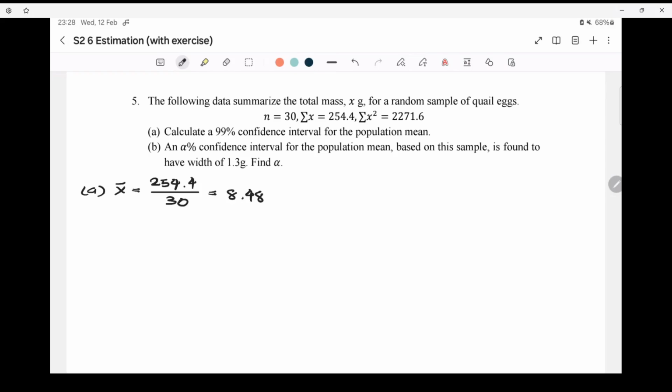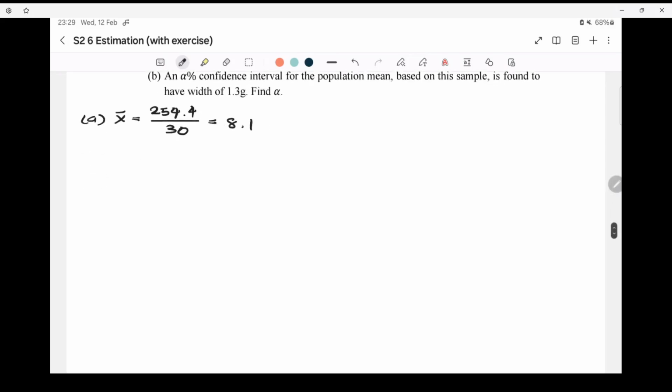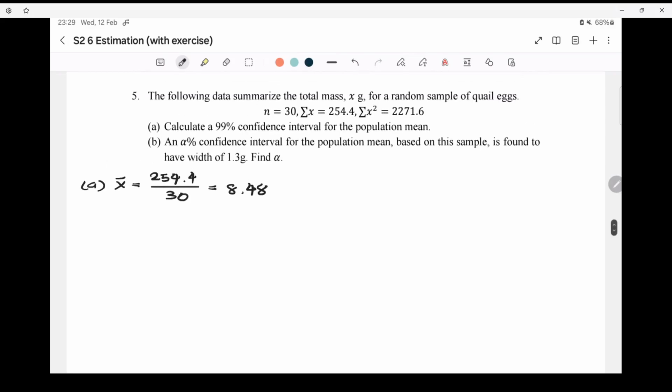So now there are a few things that you can do. Over here, you basically don't have any information of your population mean and your population standard deviation. So you need to use estimations. What I would suggest is to use your x bar as your estimation for population mean.